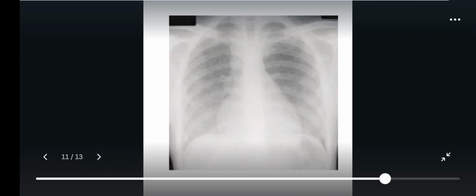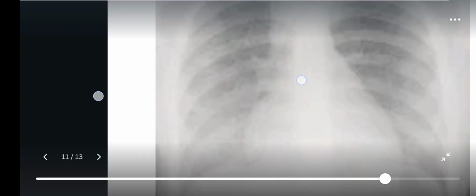Then this is a feature of miliary TB. If you look closely, you will see small nodules, very tiny nodules. Because of their confluence or their large number, the chest X-ray now appears hazy.